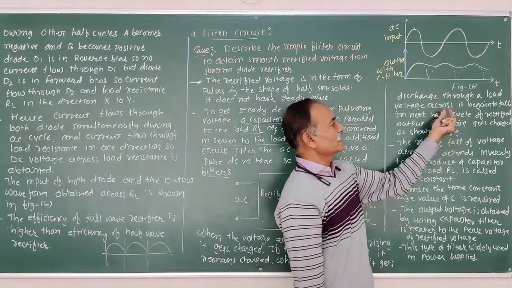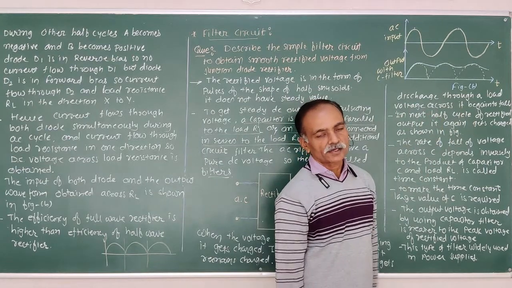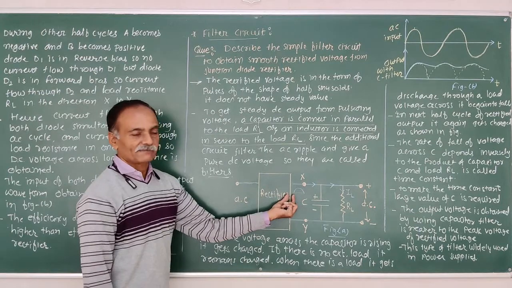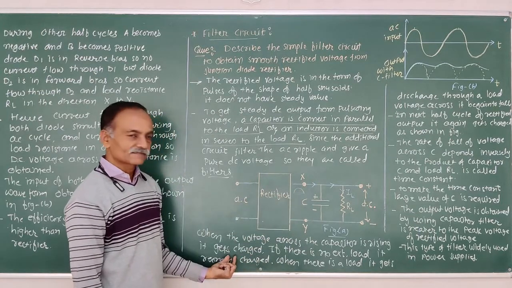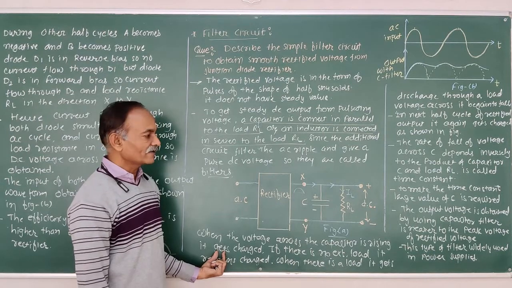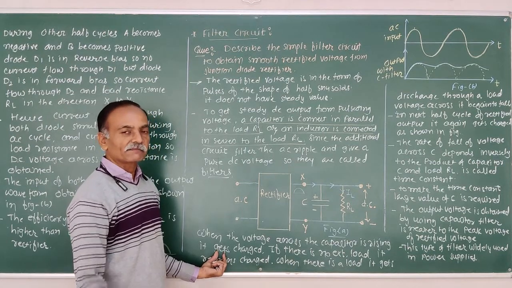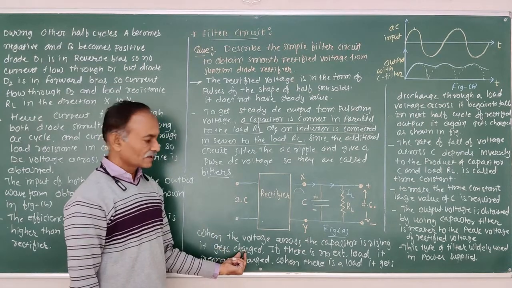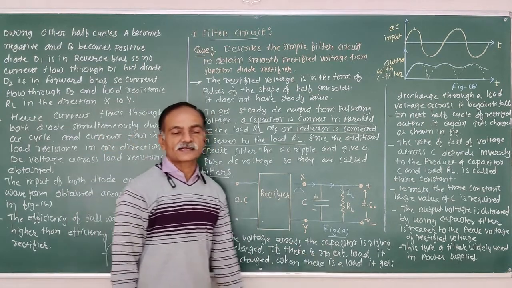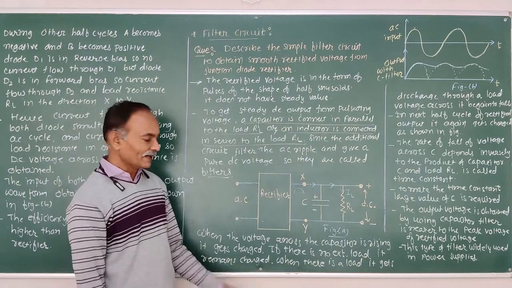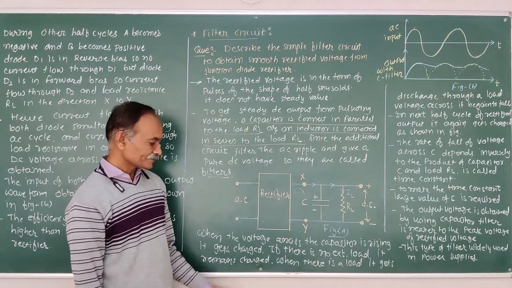The voltage across it begins to fall. So what's happening? When the rectified voltage increases, the voltage across the capacitor is rising, which means the capacitor is charged. If no external load is connected, it remains charged.